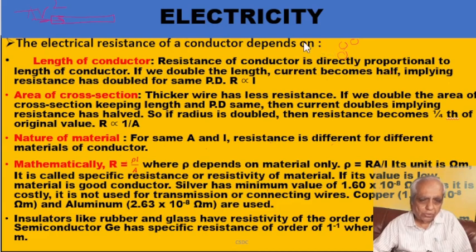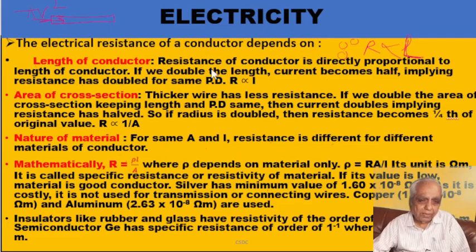When the obstacles double, the current will become half. So this is the first important parameter. It depends upon the length of the conductor. The more the length of the conductor, the more the resistance. So R is proportional to L, length. Okay, R is proportional to length of the conductor.